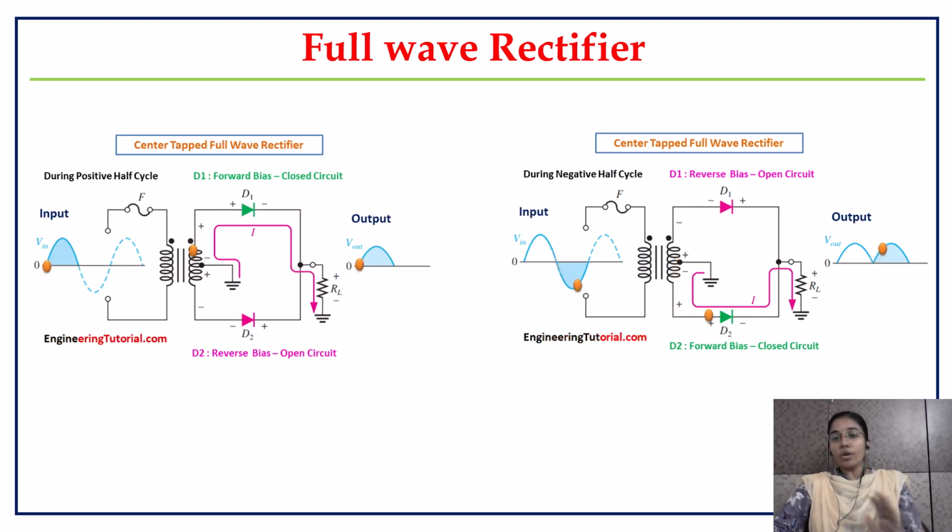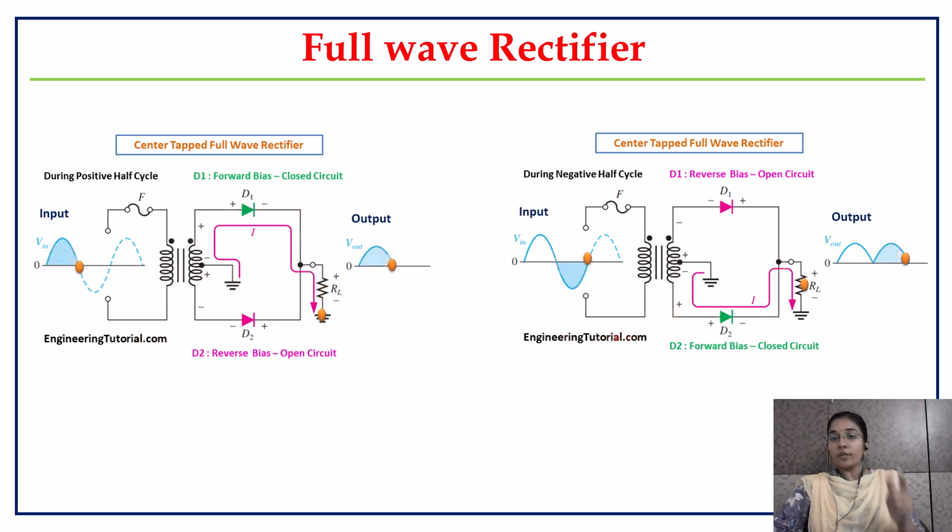And coming on to the negative half cycle, what happens? The polarity is actually getting changed. When I have an input signal which is alternating in nature, the polarity across the terminals where we are giving the input signal will alternatively keep on changing.